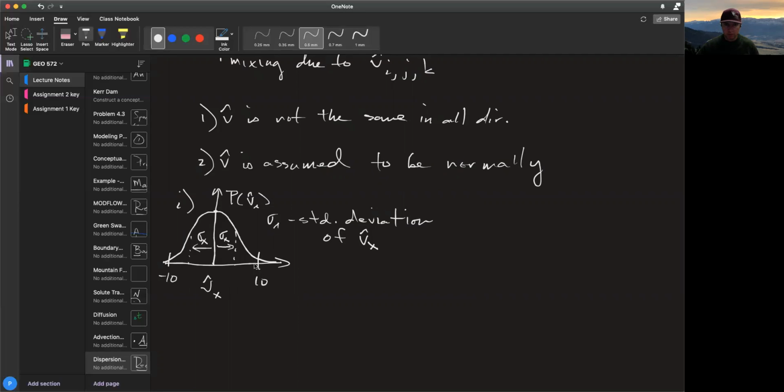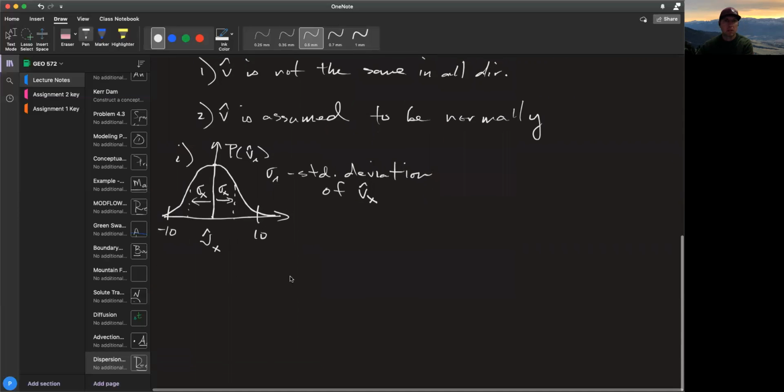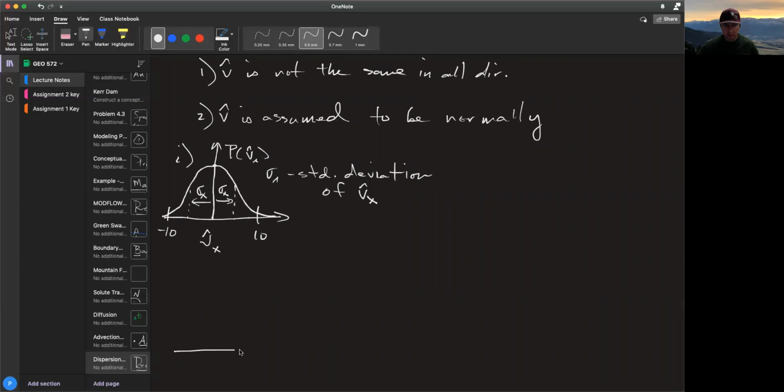And I'm just putting these numbers here as a reference, because if we then looked at, say, the distribution of velocity in the y direction, this distribution is probably not the same. And in fact, oftentimes it's a little less variable.